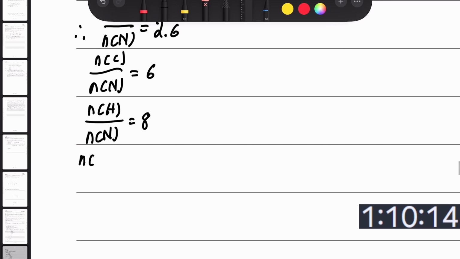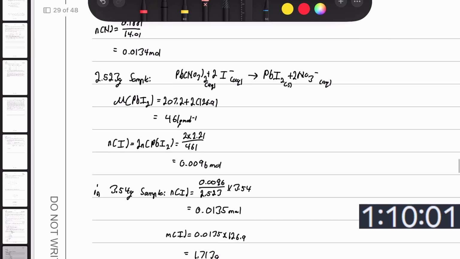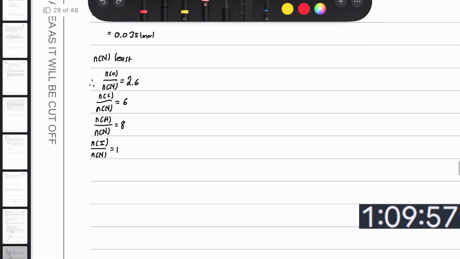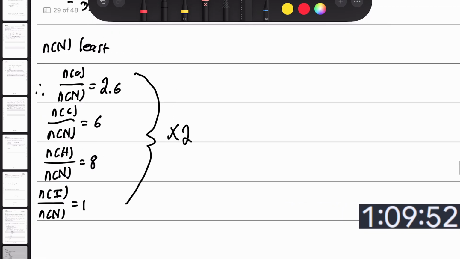And then my number of iodine is going to be equal to 1, because that was 0.0135, 0.0134. Yeah, 0.0135. So then here, say times 2.